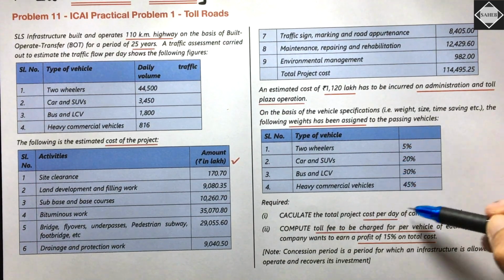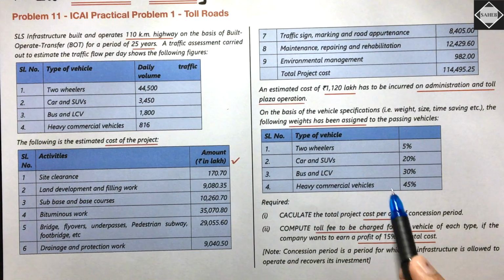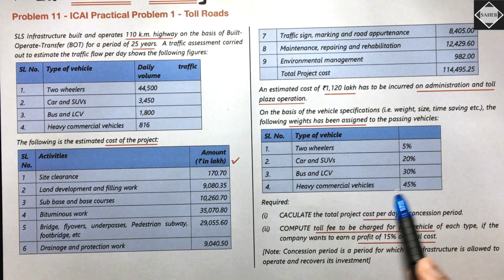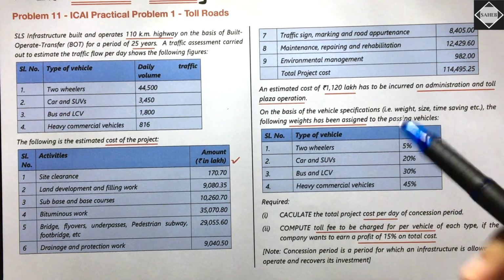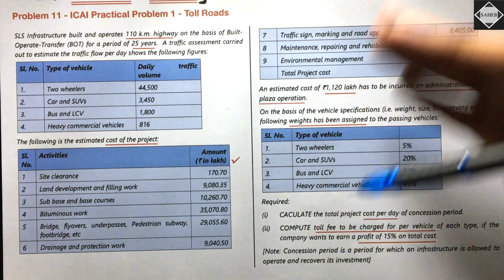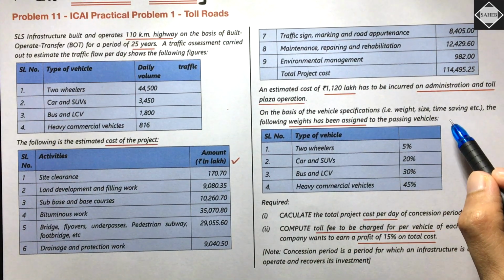Do you understand this? More money has to be recovered from heavy commercial vehicles. 45% they are saying, because heavy commercial vehicles will cause the most damage to the roads, because they are very heavy, and when they are passing through the toll plaza, at that time also, it will take more time over there, isn't it?